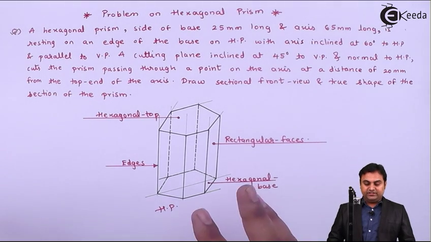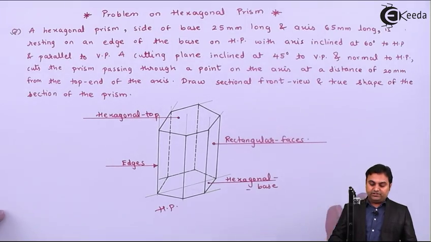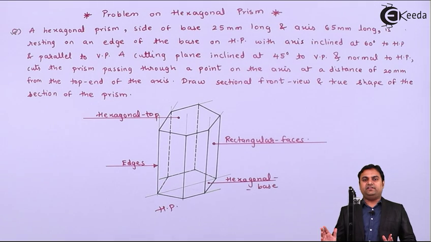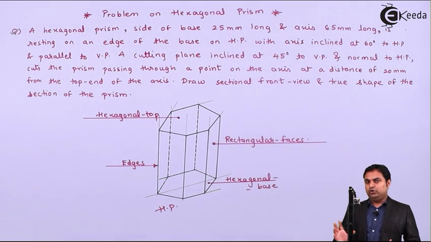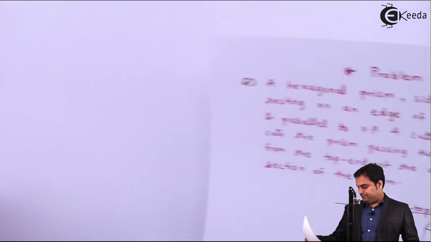So for the initial condition, we need to draw the hexagon in HP, and the condition is it is resting on an edge, so that edge will be taken on right hand side because the solid will be tilted towards the right end. So let us get started with the solution.